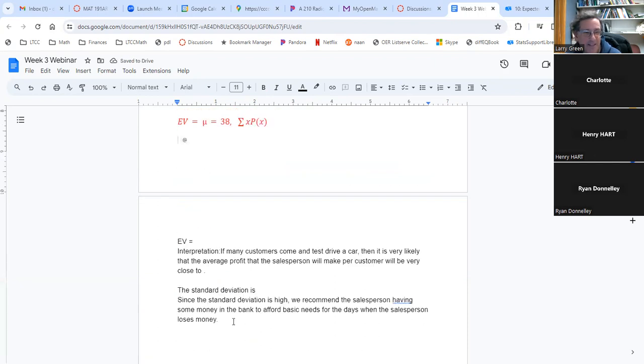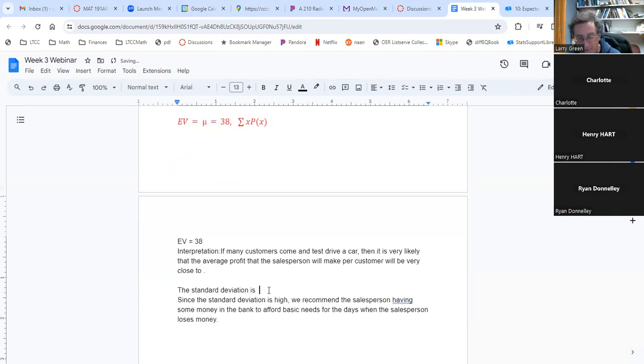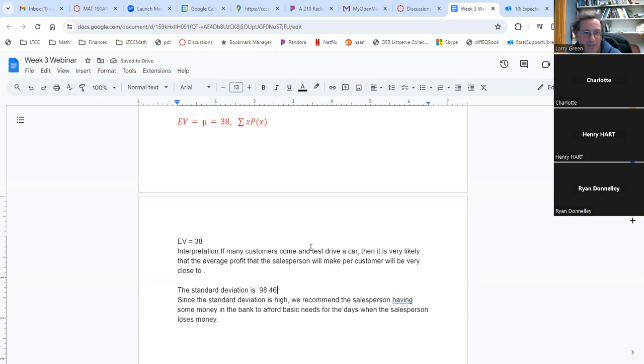And the standard deviation, I think I put it here. Here we go. 38. The standard deviation was 98.46, I think. Let me double check. 4683, so 47. Any questions on that so far?